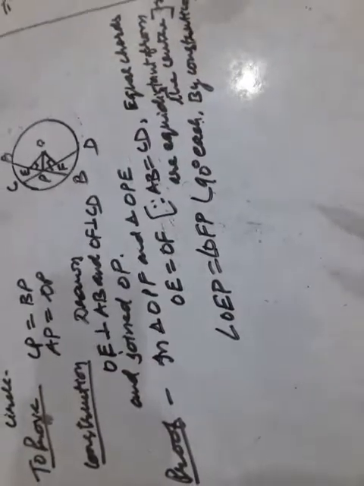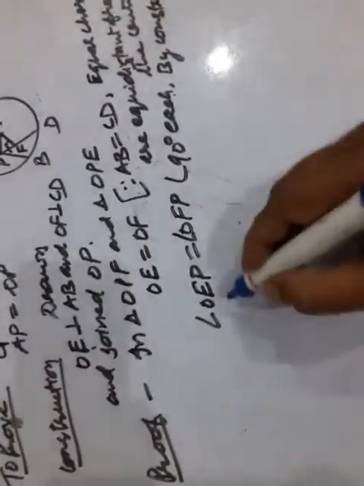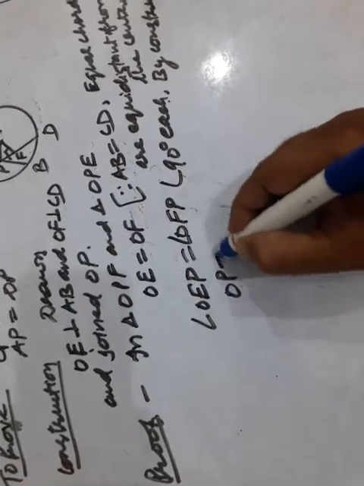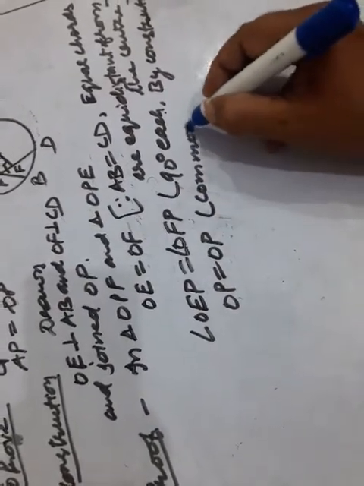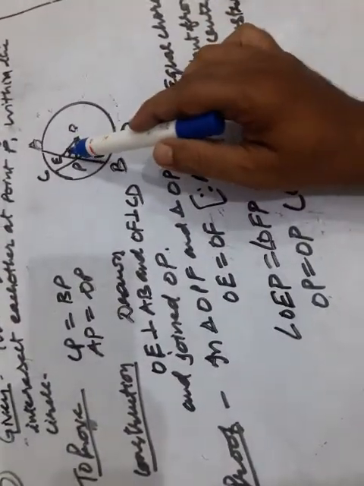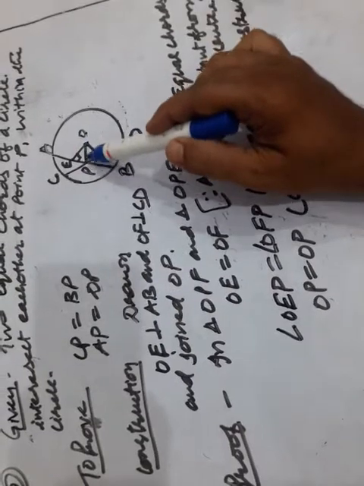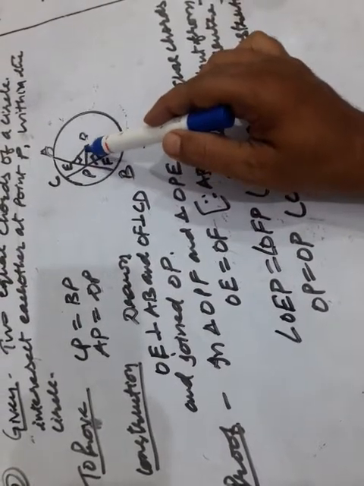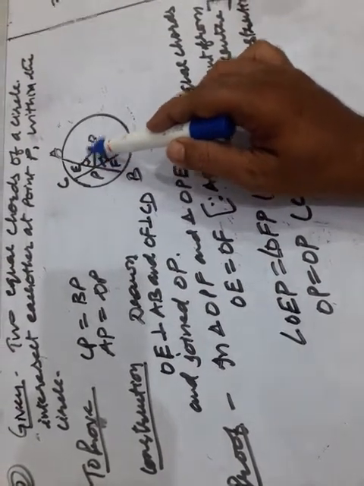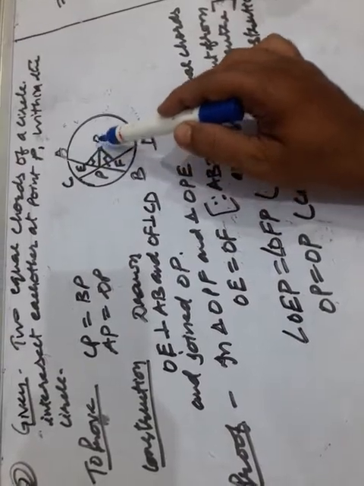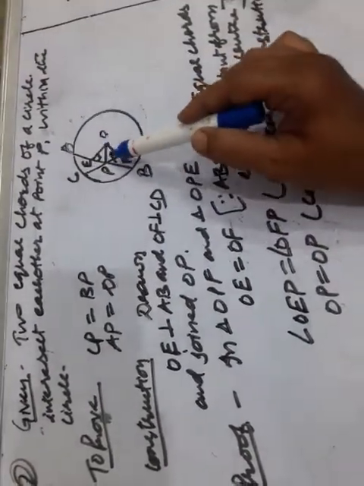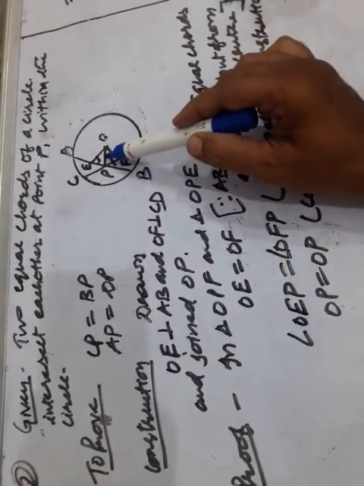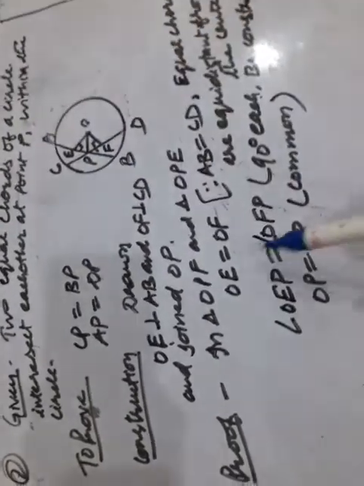Clear children? What else is there? OP equal to OP, common. See, angle E equal to 90 degrees, that is a right angle. Then OP equal to OP common, right angle, hypotenuse, and one side OE equal to OF. Clear? Right angle, hypotenuse OP, and one side OE equal to OF.